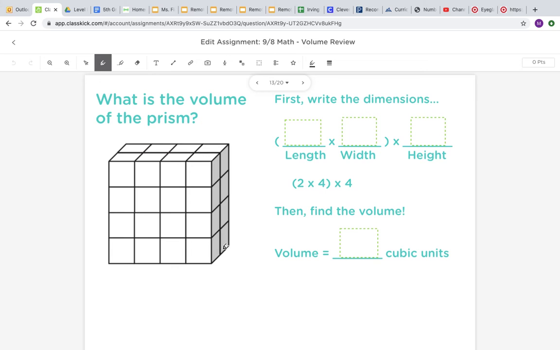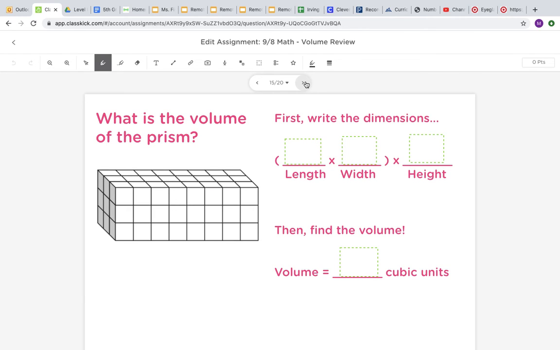So here, if our length is our side view, we'd have 1, 2 cubic units, times our width, 1, 2, 3, 4, times our height, which is our number of layers, 1, 2, 3, 4. And now we'd find the volume. 2 times 4 is 8. 8 times 4 is 32 cubic units.